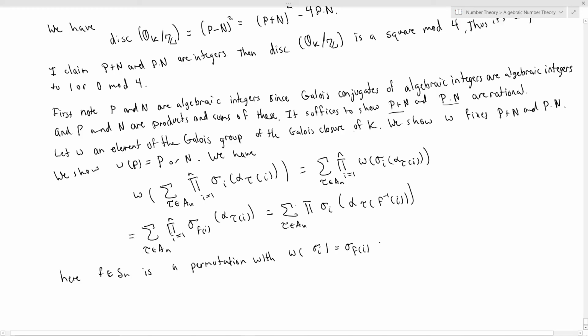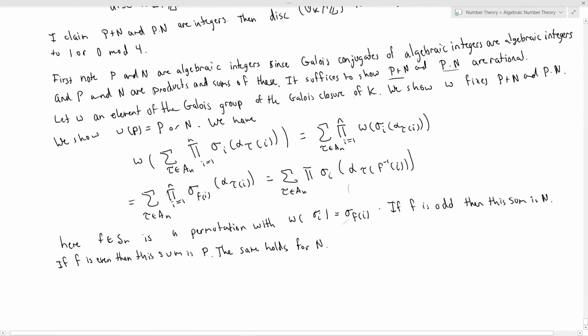If f is odd, then this sum is N. If f is even, then this sum is P. Basically, you can do a similar computation and check the same holds for N. So N is either fixed or permuted to P by this omega.